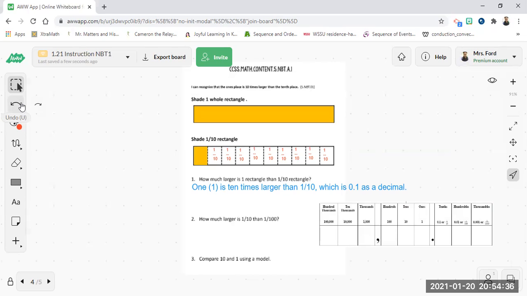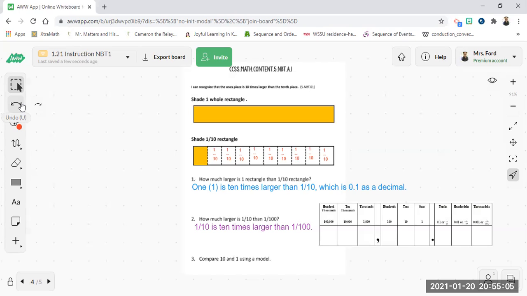Question 2, how much larger is 1/10 than 1/100th? Look at your place value charts and think about it. How much larger is 1/10 than 1/100th? I bet you already know this. 1/10 is 10 times larger than 1/100th.